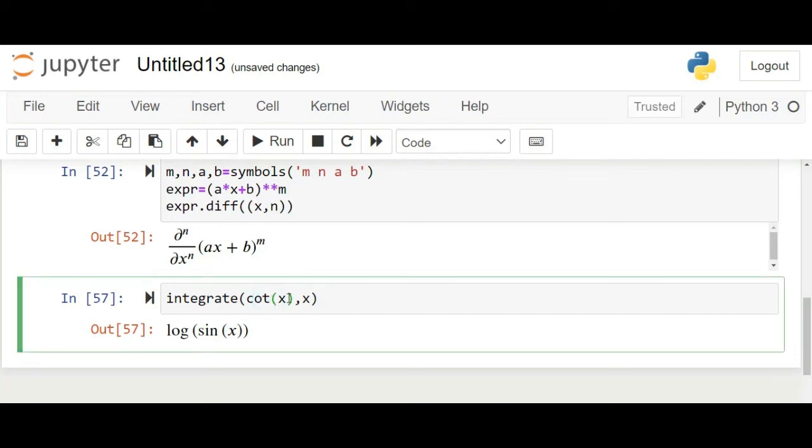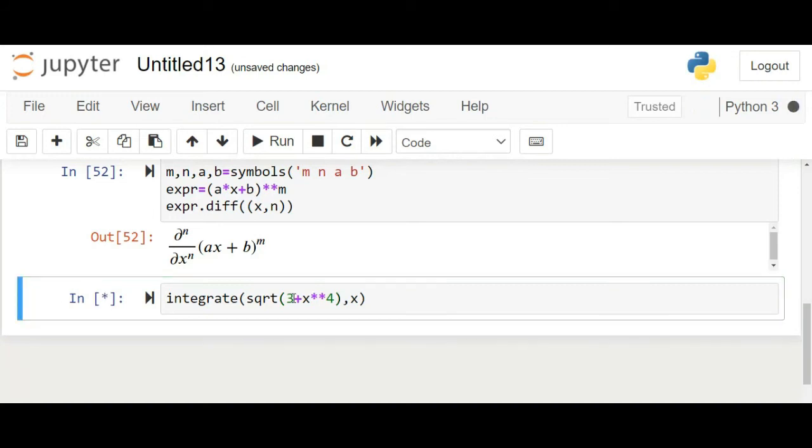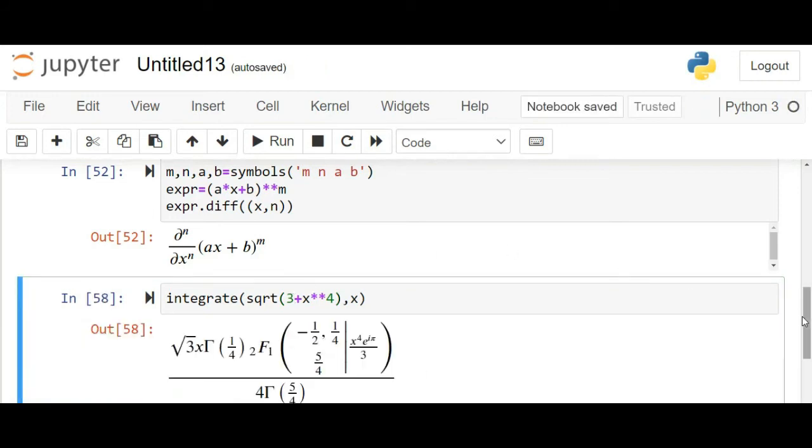So by changing the function, if I write the square root of 3 plus x4, s q r t, square root of 3 plus x4, and then close it, control and enter.